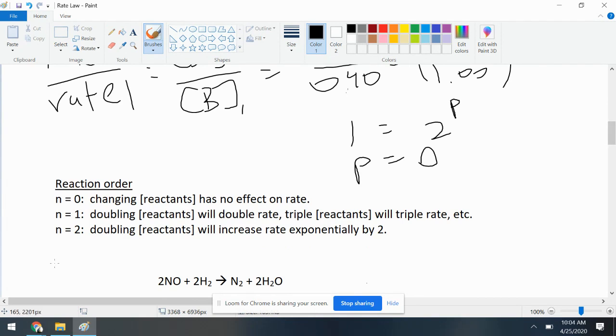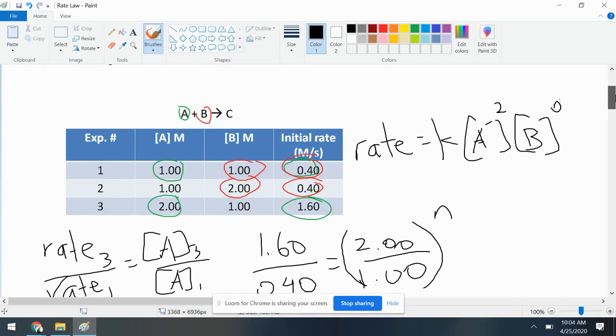Okay, so if the reaction order is 0, that tells you by changing the concentration of the reactants has no effect on the rate. If you notice, let me go back up again, based on your data, for B, for experiment 1 and 2, as you double the concentration, the rate stays the same.